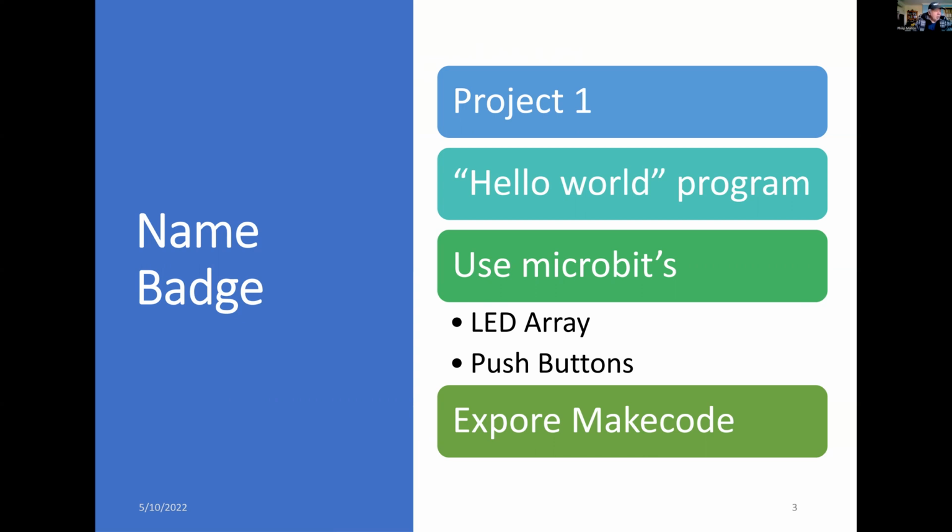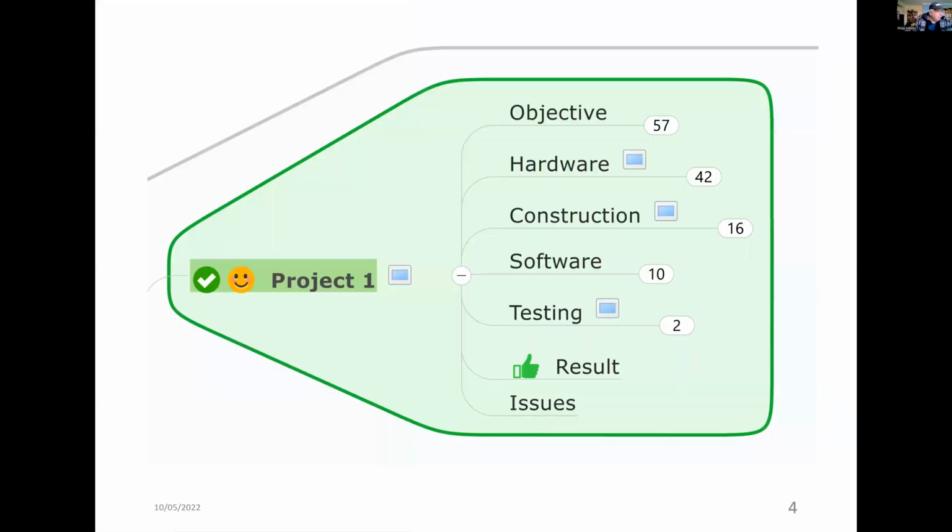We're going to learn how to use the LED array and push buttons of the microbit, and we'll explore how to use in practice Makecode. That's the program we use for coding the microbit.